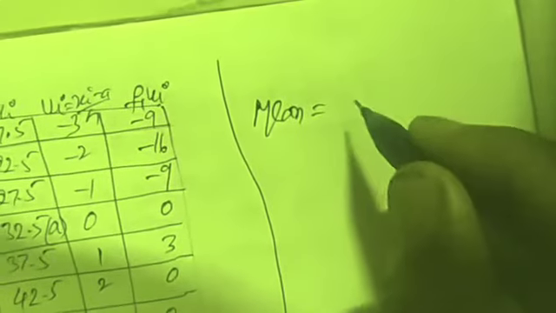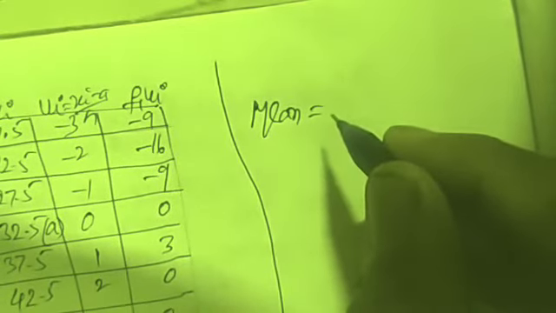Now we go to the mean value. A is already marked, that is 32.5.